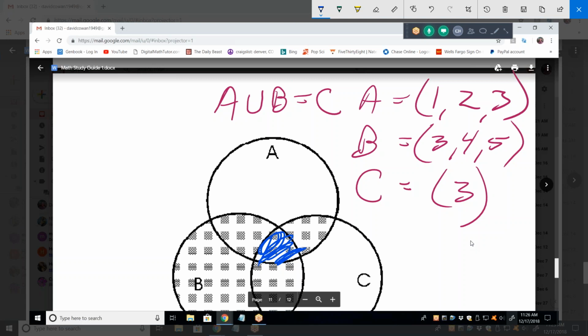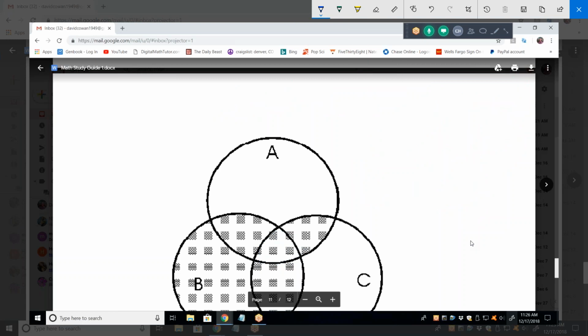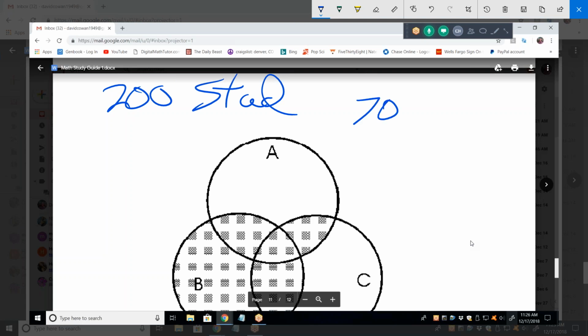A typical Venn diagram question, let's just talk about it. You have 200 students in a school. I'll do this really quick. You have 70 that take French. You have 80 that take Spanish.